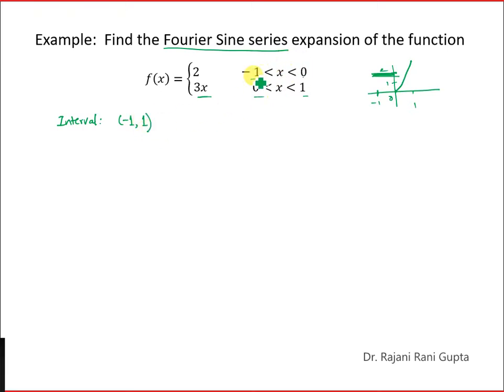So this function is defined over the interval -1 to 1. It is defined by one function from 0 to 1 and by another function from -1 to 0. So for the interval, we select the minimum number and the maximum one.